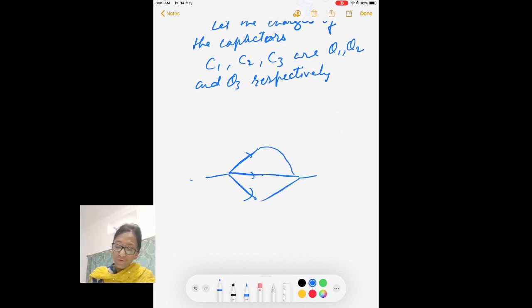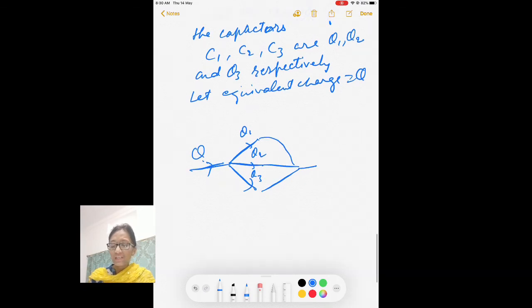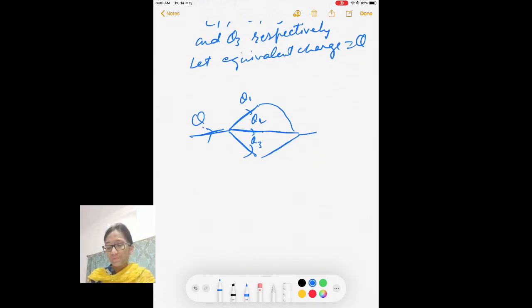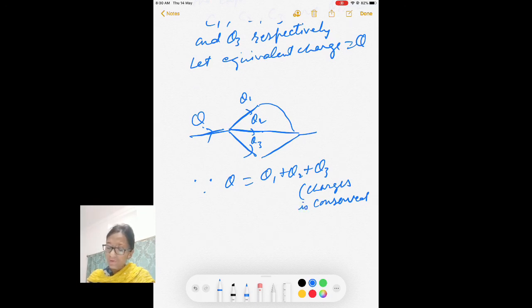If you are supplying Q charge, let the equivalent charge be Q, then this Q will be divided into three parts as charge is conserved. Q should be equal to Q1 plus Q2 plus Q3, as charge is conserved.